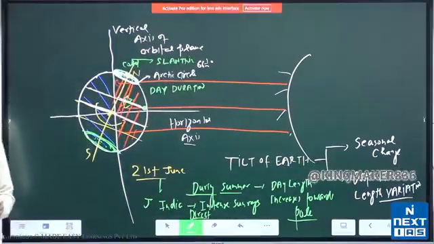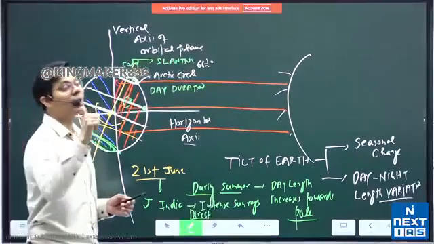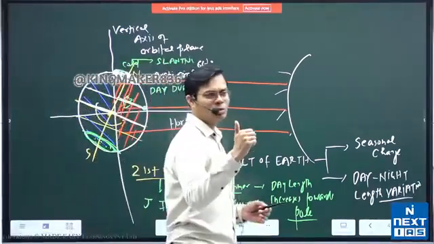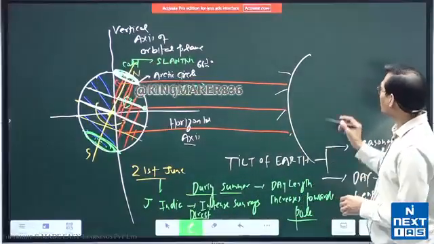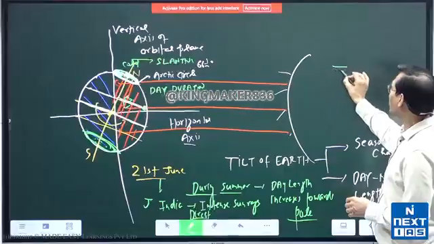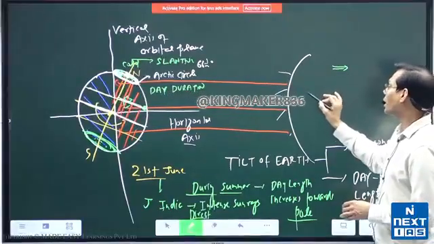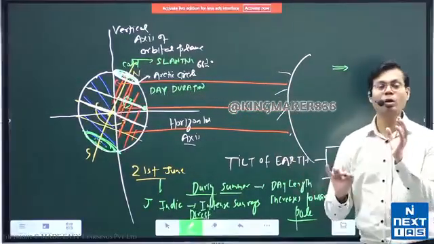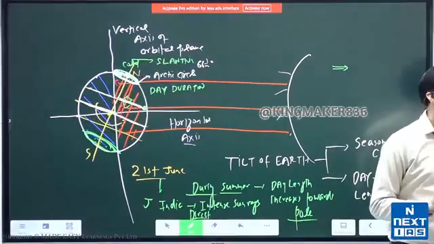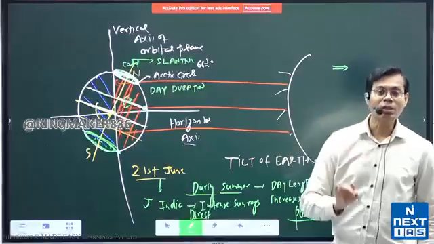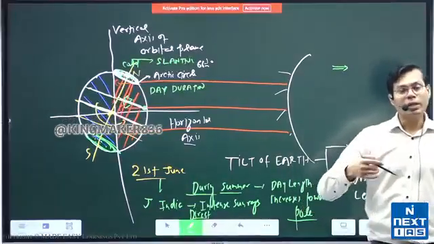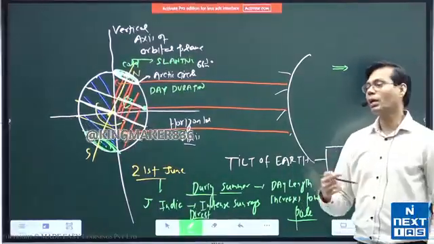One similar question UPSC asked 4-5 years back. This question I think was last year, about where the sun's position is. One question UPSC asked a few years back: on 21st March, the sun is exactly on the Capricorn line. Correct or incorrect? Incorrect, because where is the sun on 21st March? Equator. And one more point: on 21st June, the sun is exactly above the equator.